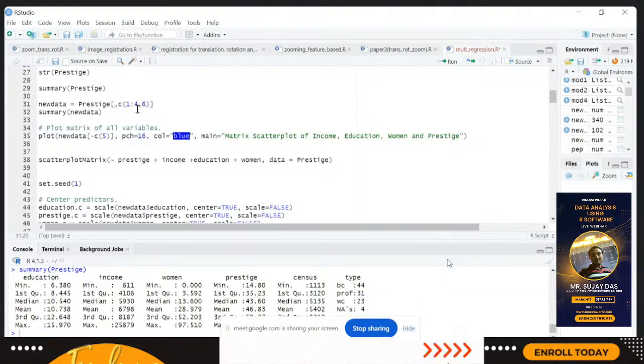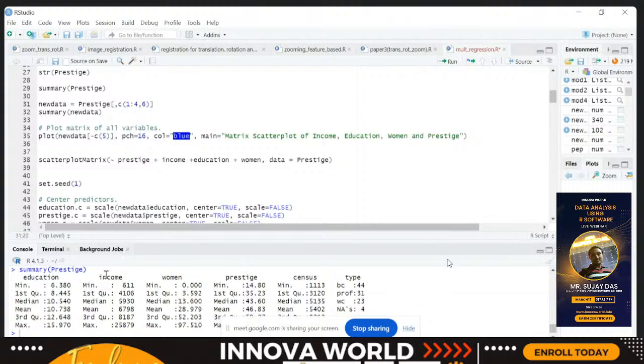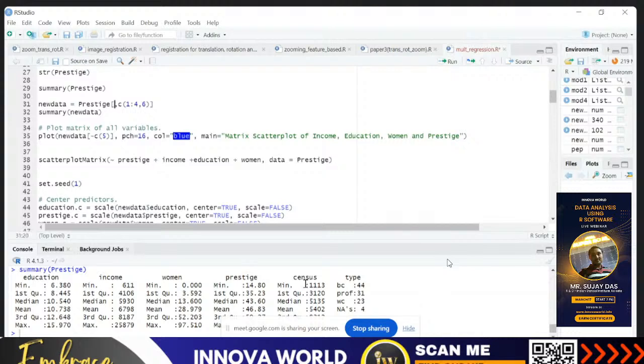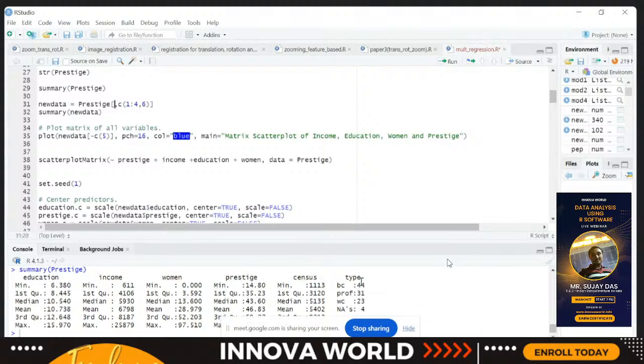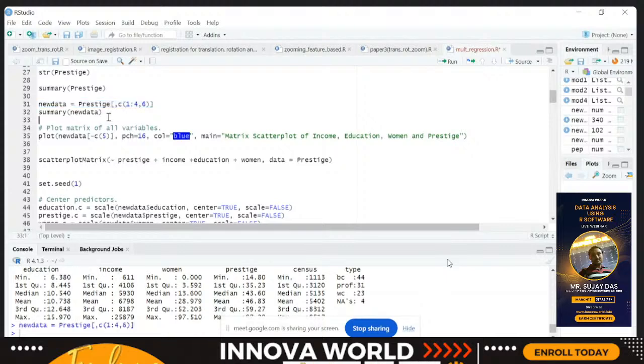So we are interested in what columns? These columns: education, income, women, prestige. But we are not interested in the census column, but we are interested in what type of job they do. So we are keeping the type column, that is the sixth column, right? So you can see 1 2 3 4, we are excluding the fifth column, but we are keeping the sixth column. That is why we have written C 1 to 4, comma 6. Okay. Now let us run this, and then we again look at the summary.